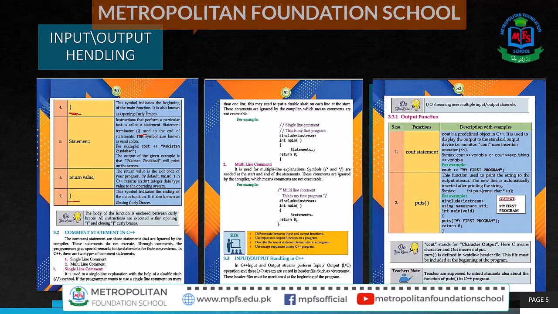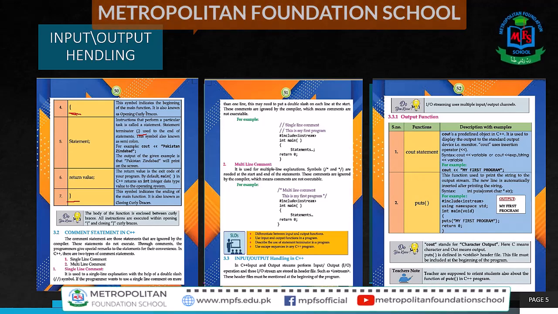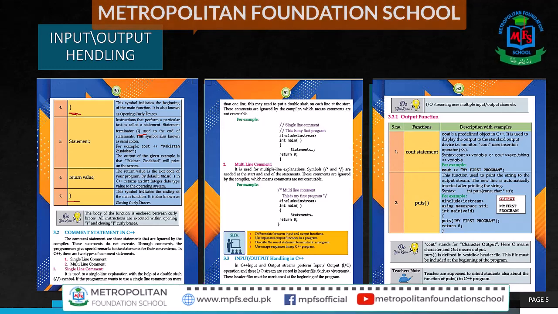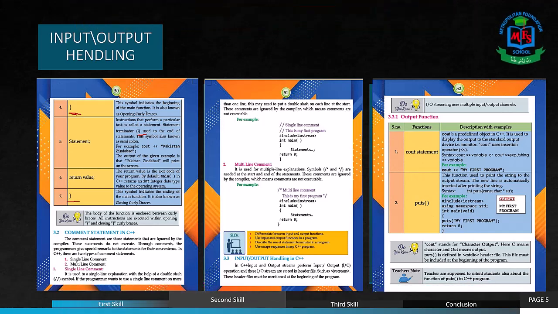The compiler doesn't read these statements, because here we write the comment. In C++ we have two types of comment statement: single line comment and multi-line comment.